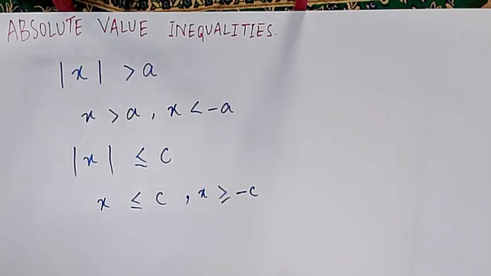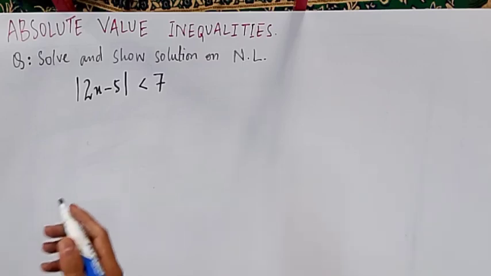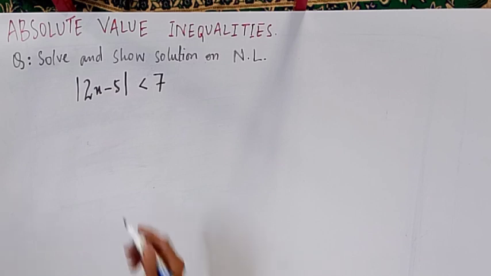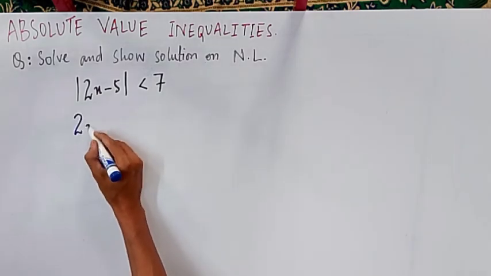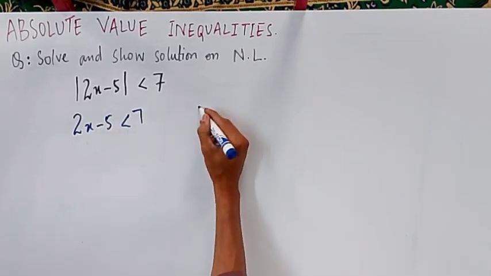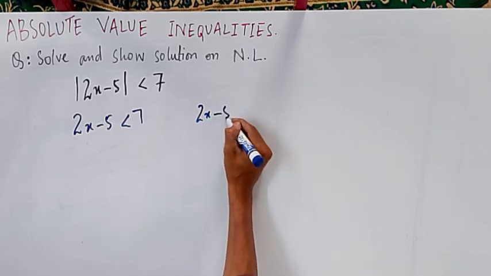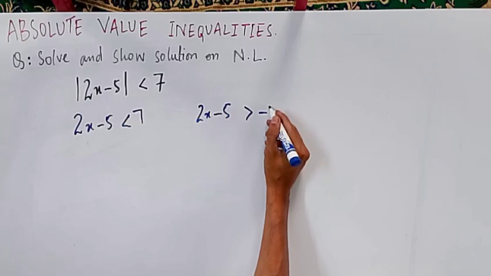Now let's see some questions, how to solve them and how to show them on the number line. We have this question: solve and show the solution on the number line. For this inequality, 2x minus 5, you will open it with positive and you will open it with negative, but when you write it with negative, you will write greater than.